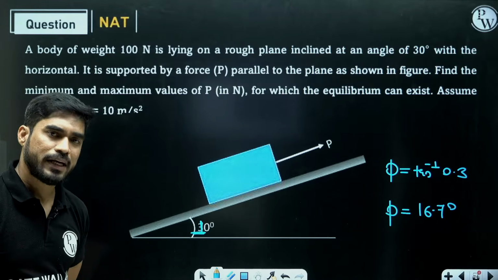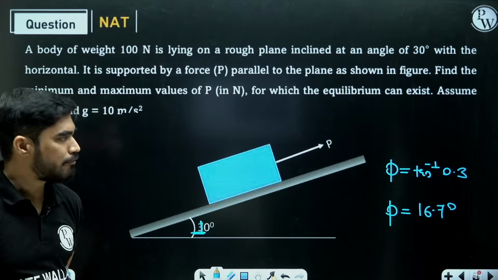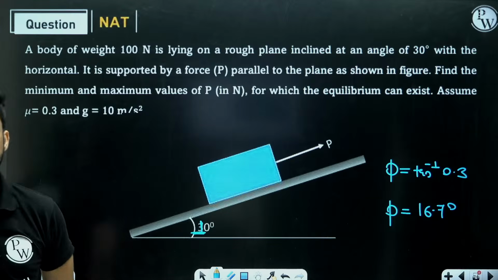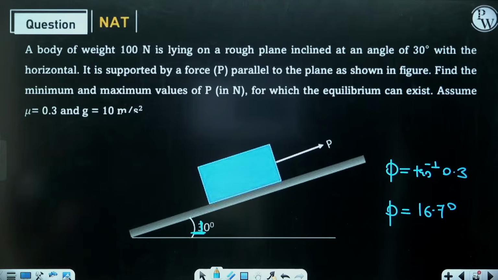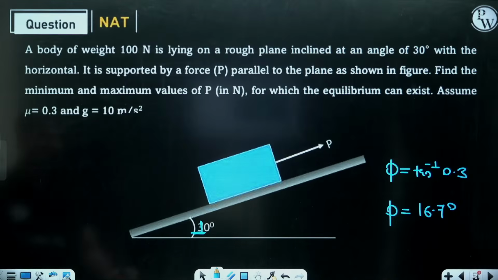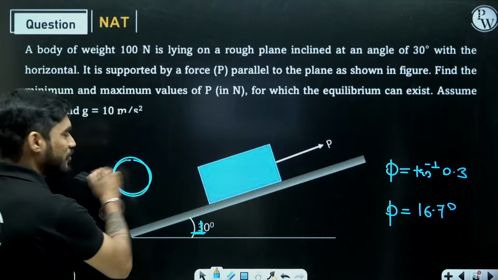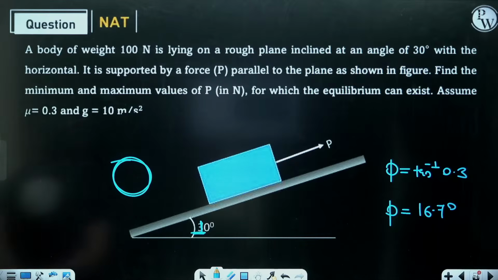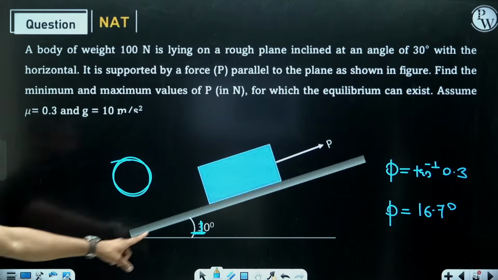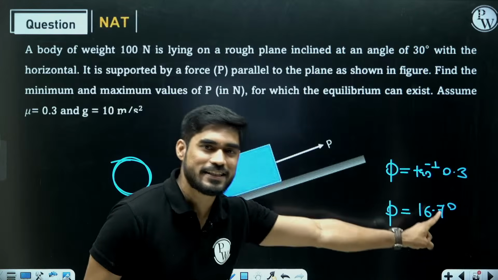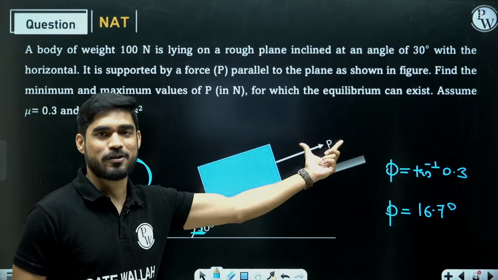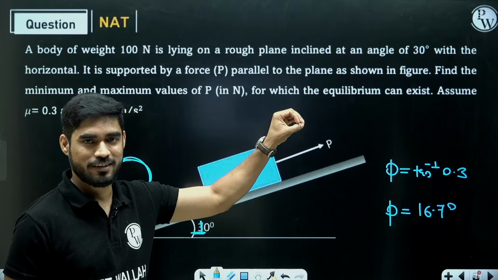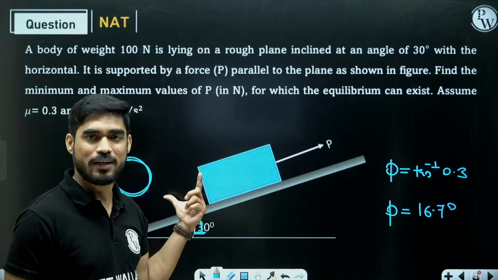What will be your answer? Your answer will be 0. Why 0? Because if the angle of inclination is less than this, it will not fall down. So you don't need any force.